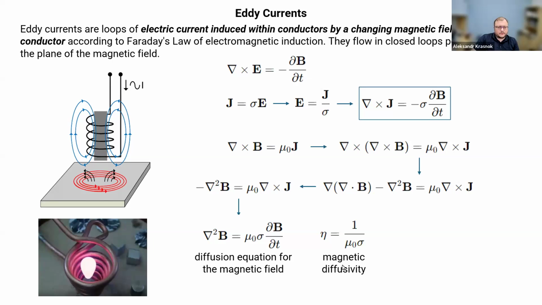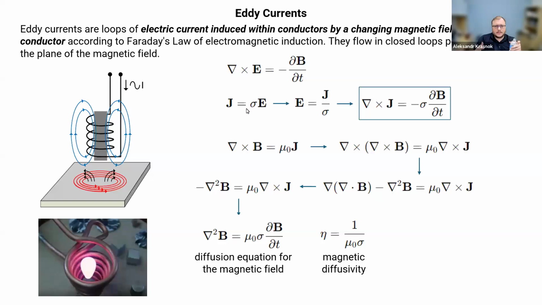If we introduce this constant, which is called magnetic diffusivity, okay, so basically this parameter describes how fast the magnetic field decays in our metallic object. So what actually happens? You have a metallic object with magnetic field changing in time. This changing magnetic field creates the curl of current, and this current dissipates because of the finite sigma.